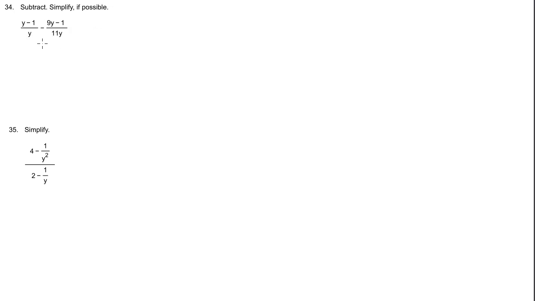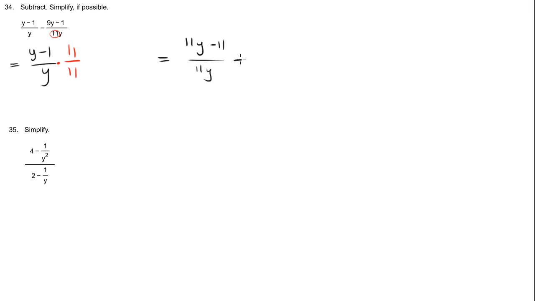Once again, we're looking to subtract, and once again, we're going to need a common denominator. But this time, it's going to be a factor of 11 that we're going to need to multiply our first term with. So y minus 1 over y is going to become 11y minus 11 over 11y.